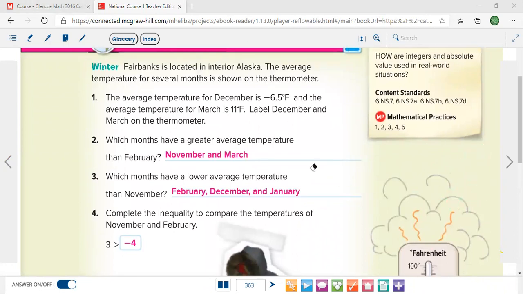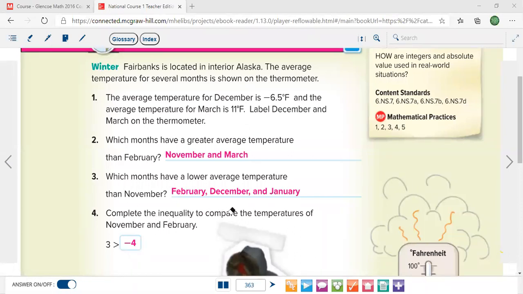So which months have a greater average temperature than February? November and March. Which months have a lower average temperature than November? February, December, and January.